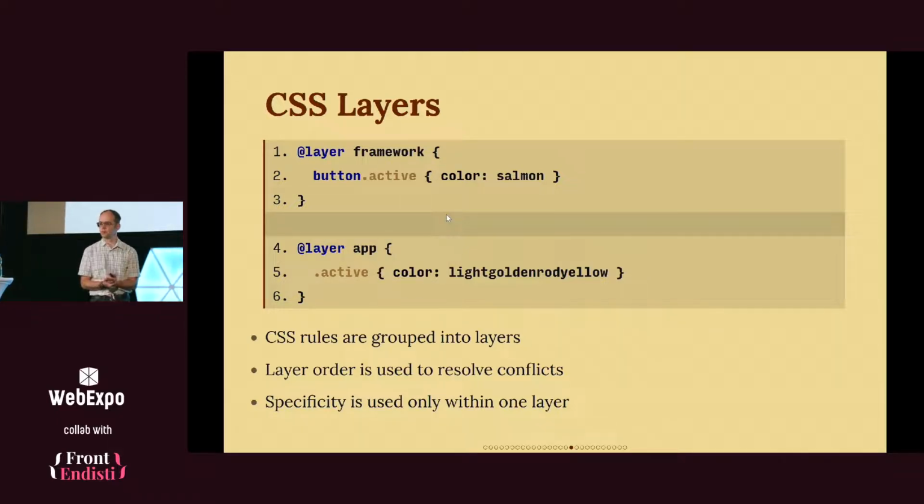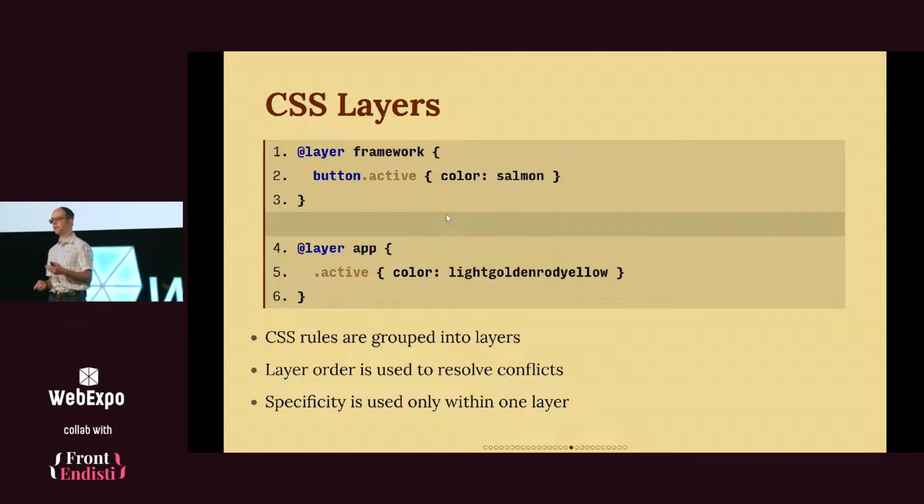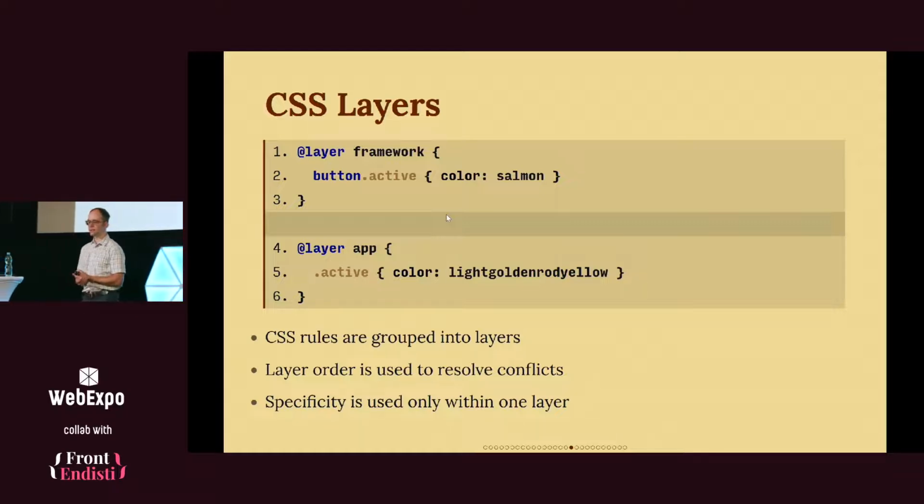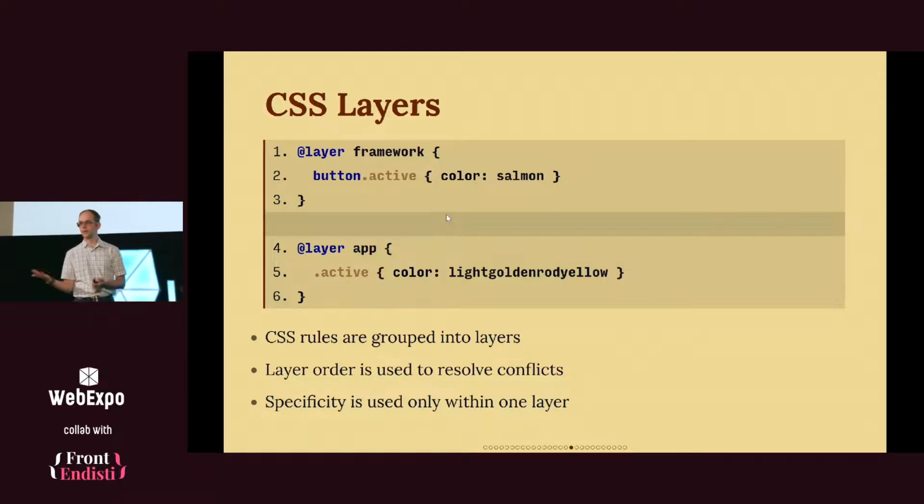What is important here is the order. Because the first layer, framework, was established before the layer app, it has lower priority. So if we have a conflicting declaration, such as the color salmon and the color light goldenrod yellow, the second declaration is stronger, has a higher priority, because it belongs to a layer that was established second.